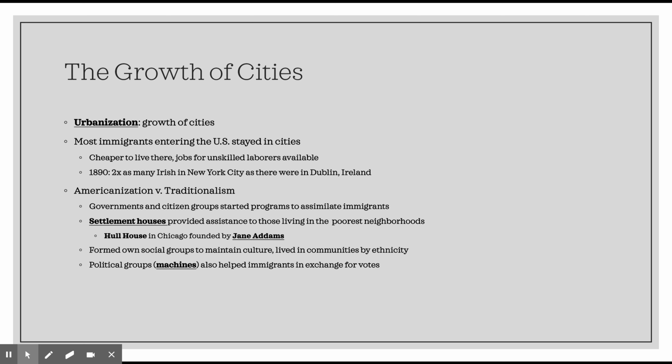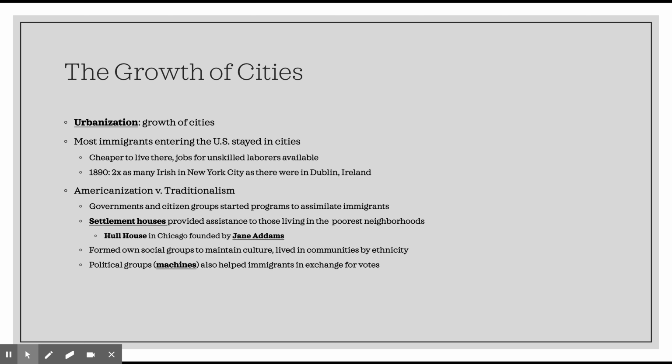So you can see it's this conflict between assimilating through settlement houses like Hull House, and immigrant groups trying to form communities where they were able to preserve their culture and ethnicity by living in close proximity with one another.